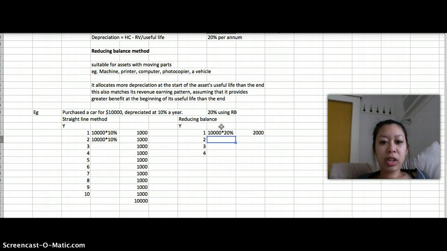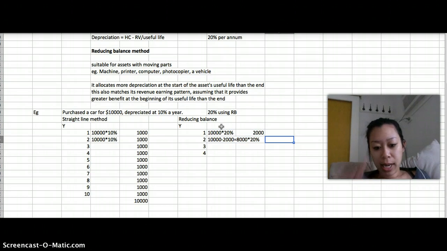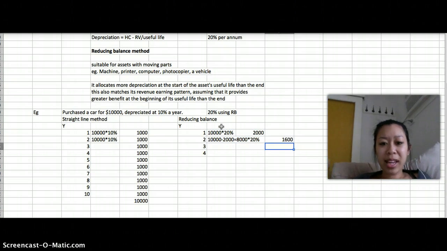Then the following year you don't times it by 10,000 anymore, you times it by the carrying value. So the carrying value is 10,000 original cost minus the 2,000 that you depreciated the previous year, which gives you 8,000. Then you times it by the 20%. So 8,000 times 20% is 1,600. And then you keep going like that.